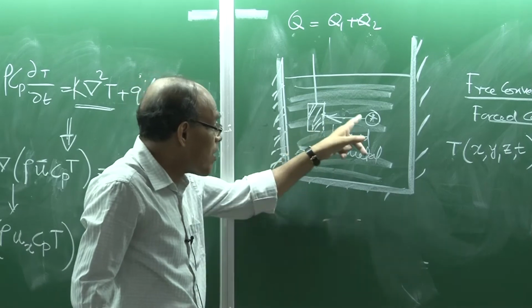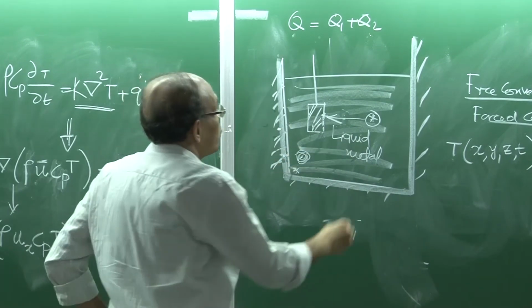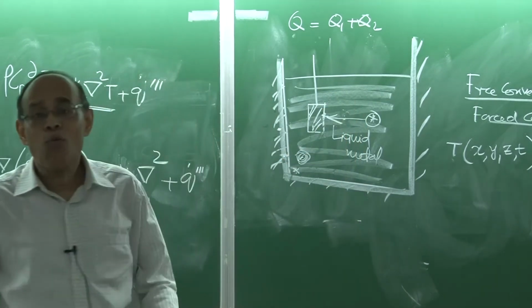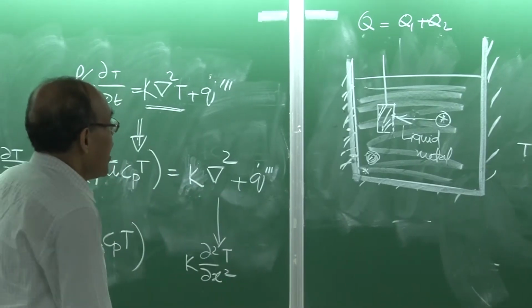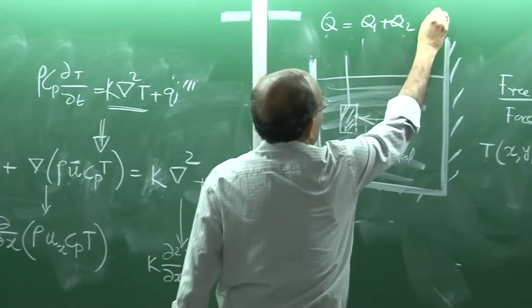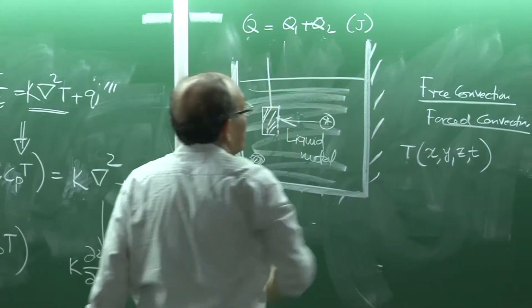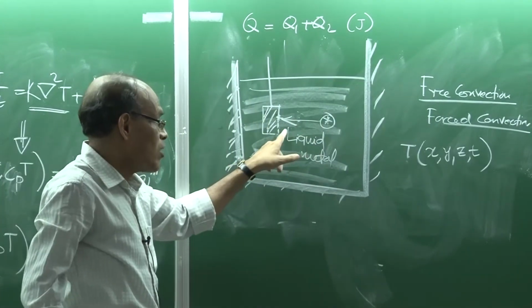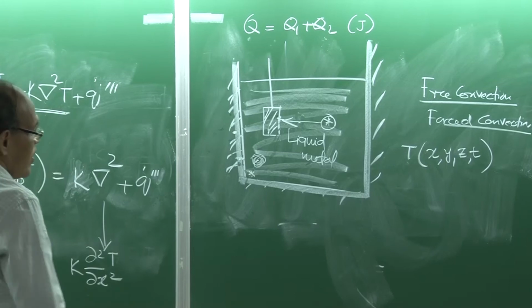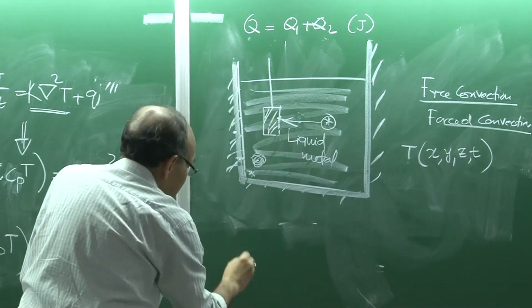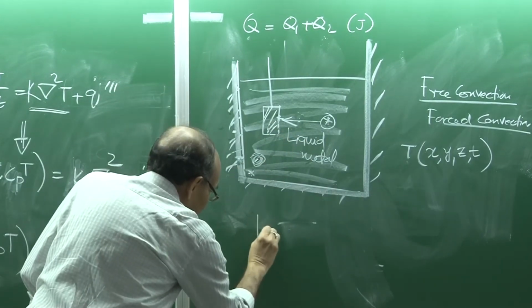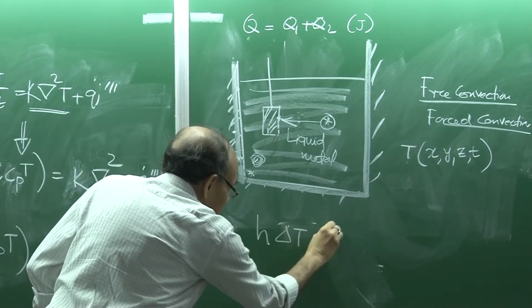And if you are supplying heat at a rate of so many watts, this comes out to be the total heat requirement. And if you can find out the heat which is being supplied, that could be the heat transfer coefficient times delta T times an area.